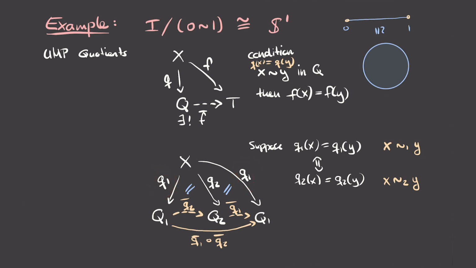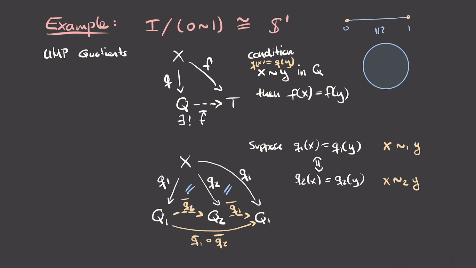Therefore, there is a unique map going from Q1 to Q1, which makes this outer triangle commute. Well, we already know that the map we have obtained as a composite of Q1 bar and Q2 bar makes this outer triangle commute. So in fact, this thing has to be what Q1 descends to along itself.